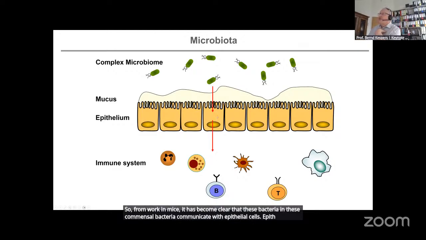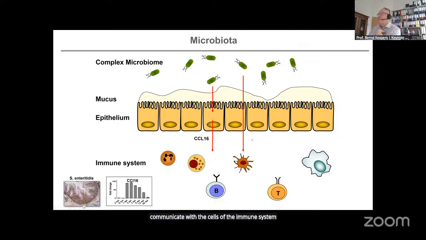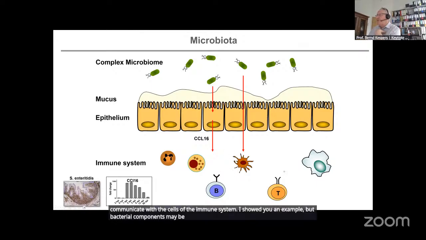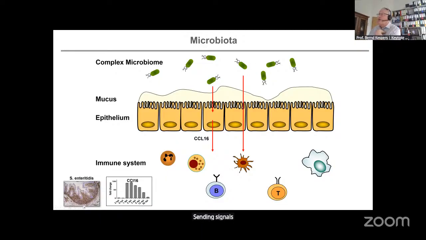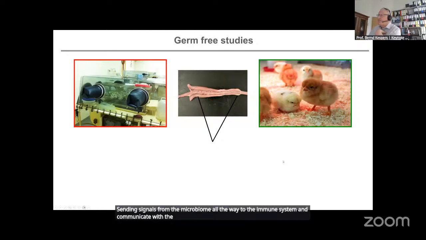Epithelial cells triggered by this communication may then communicate with the cells of the immune system. I showed you an example, but bacterial components may be directly sending signals from the microbiome all the way to the immune system.